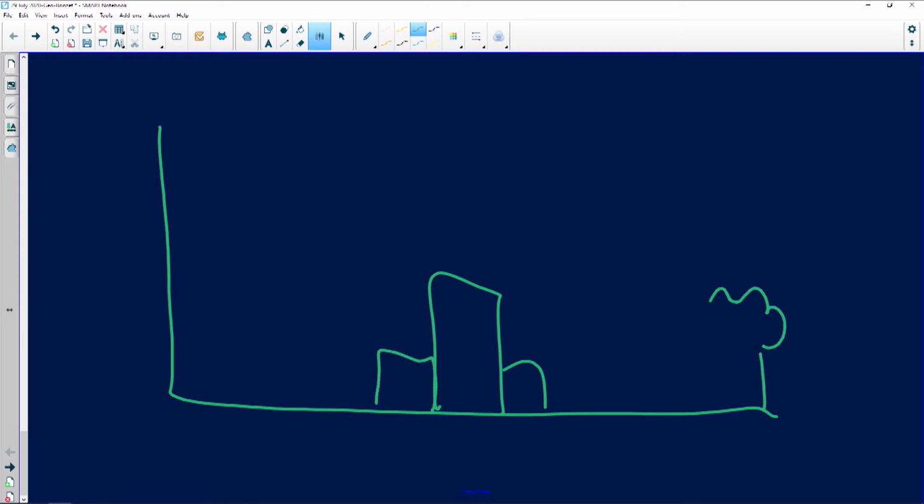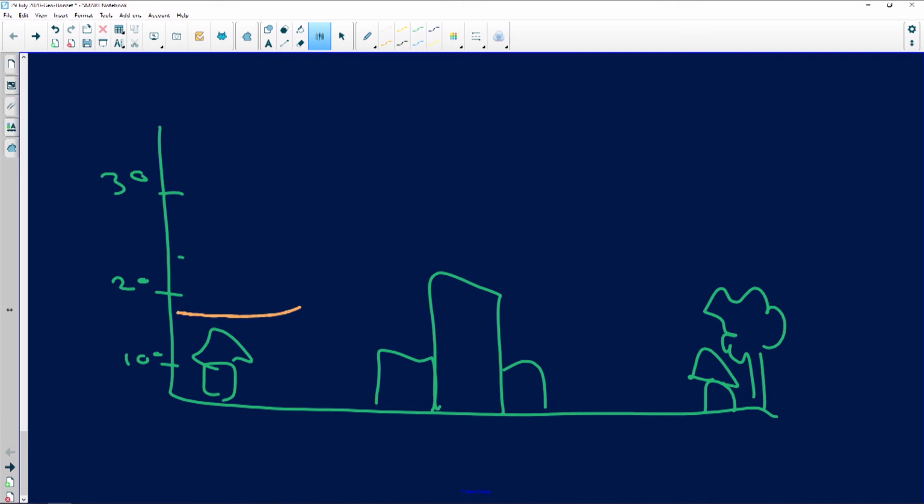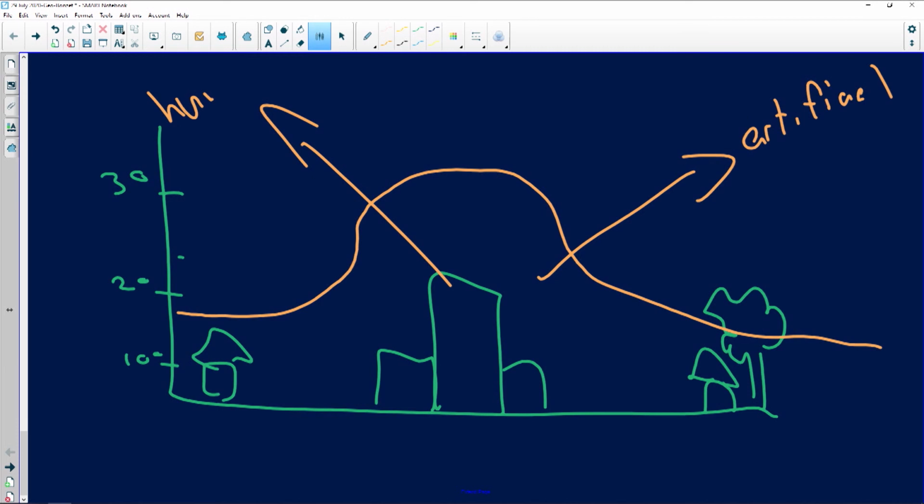Here's my rural areas covered with vegetation, farmland, whatever. And here's my temperature. On my x-axis, let's say this is 10 degrees Celsius, this is 20 degrees Celsius, and this is 30 degrees Celsius. Now what happens? What's an urban heat island? As you can see, the temperature increases over our urban area. Why is it warmer over here? Because of artificial surfaces and because of human activities.